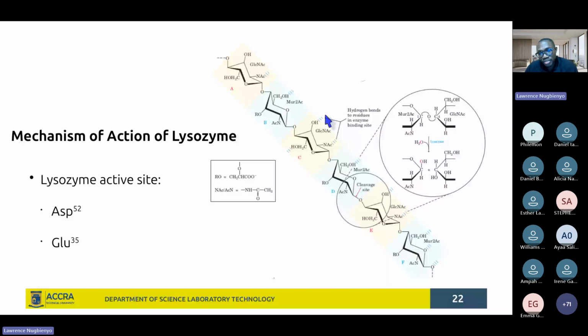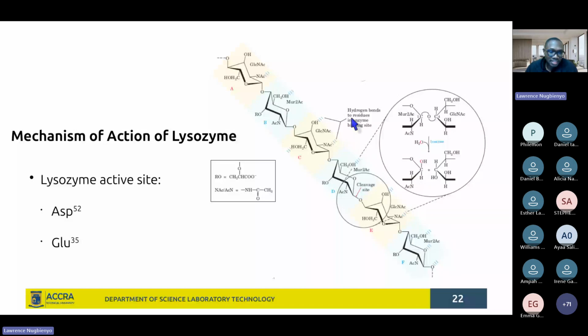There's some hydrogen bonding between these. So hydrogen bonds with this residue that is between the substrate and the enzyme lysozyme.